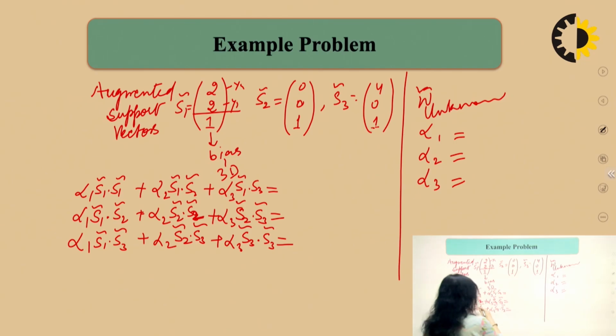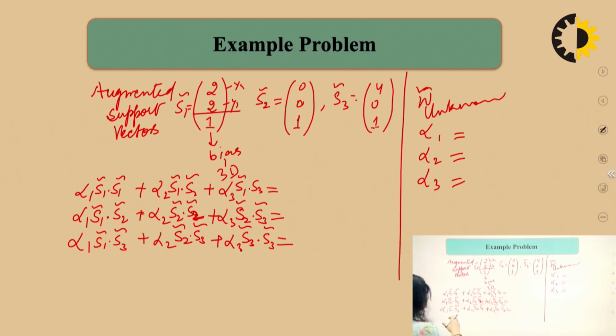Now, the next question is what we have to keep as the right hand side of these equations. For this, we have to see the label of each of these support vectors. The first equation belongs to the first support vector S1, the second one is for S2, the third one is for S3. We will see the class labels of these points.